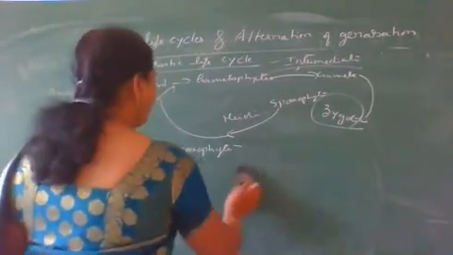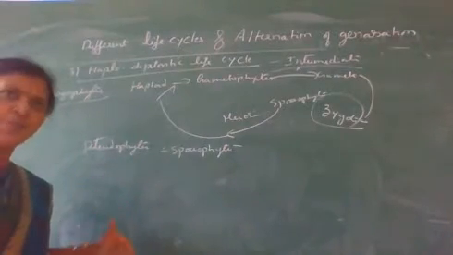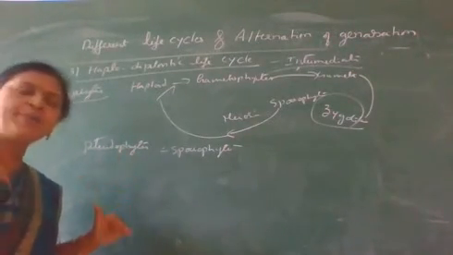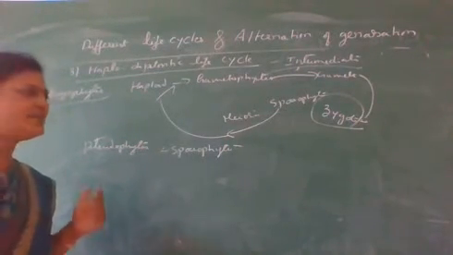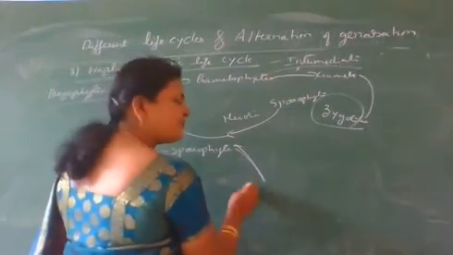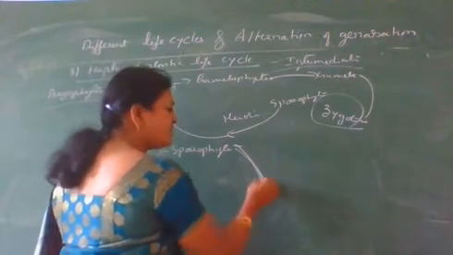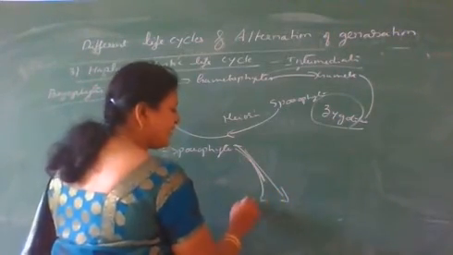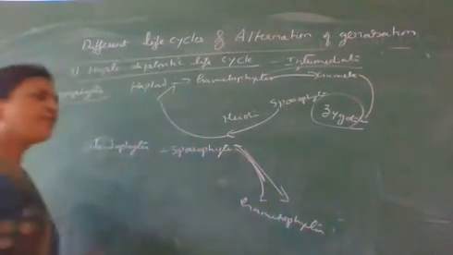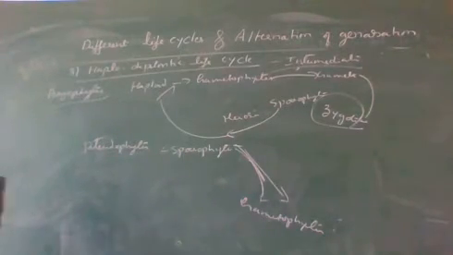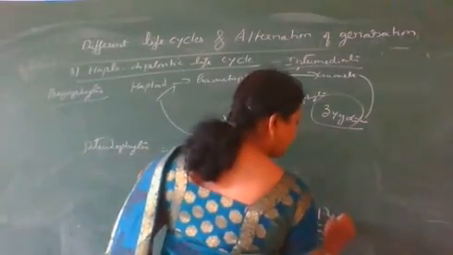But here mainly the sporophyte produces the haploid spores, and these spores are generally microspores or megaspores, and those microspores and megaspores develop into gametophytes. This develops into what now? Gametophytes, and these gametophytes are called prothalli.